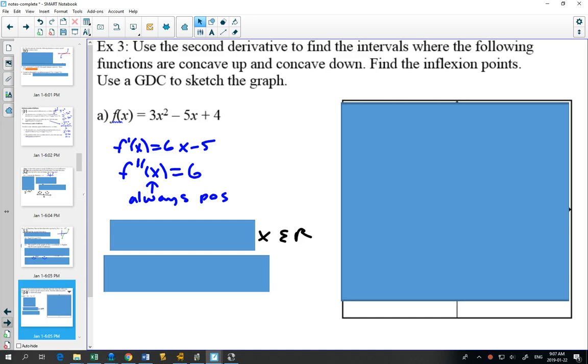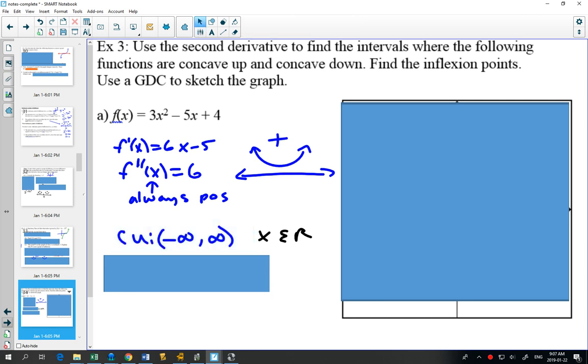6 is always positive, and there are no critical points. So if you wanted to draw your number line for the second derivative, there would be no points that you would put on it. And any number that we plug in gives us 6, which is always positive, which will always be concave up.